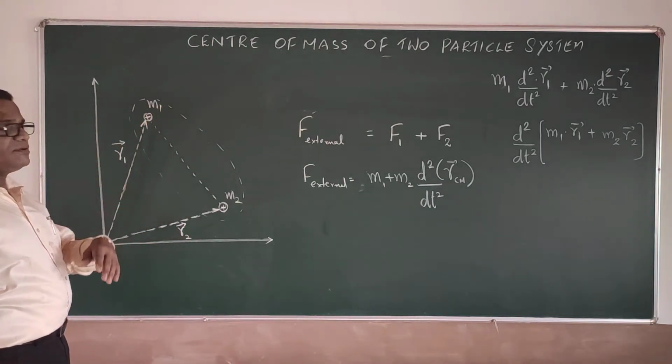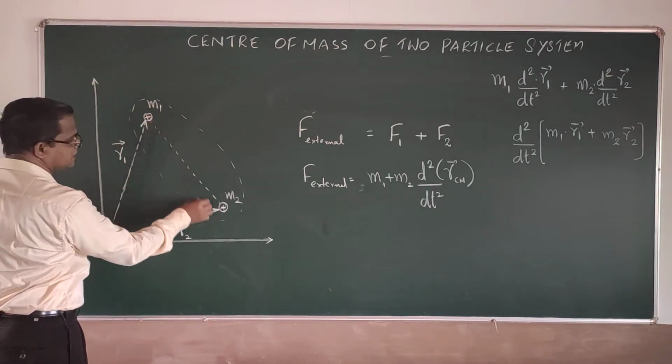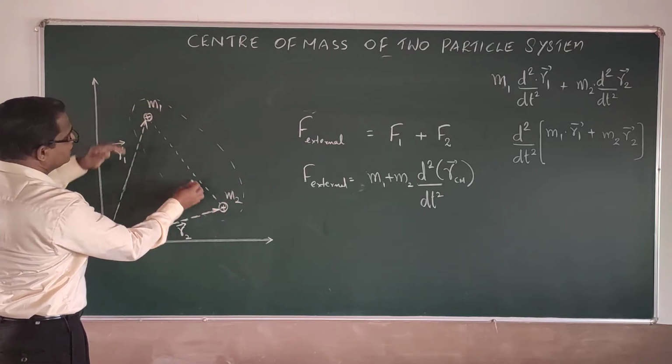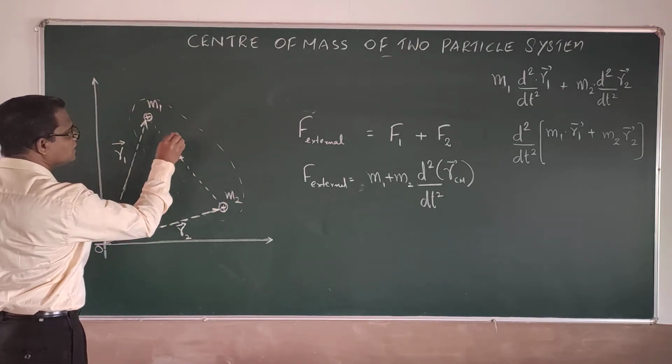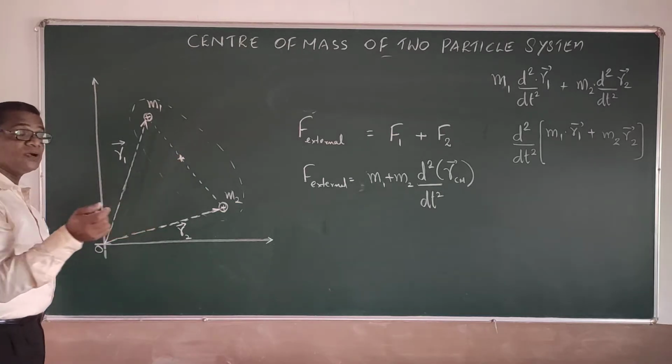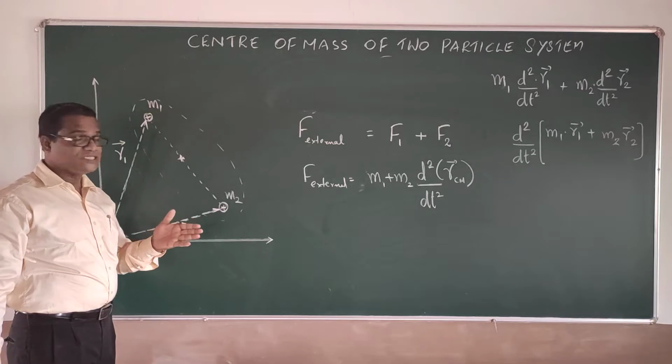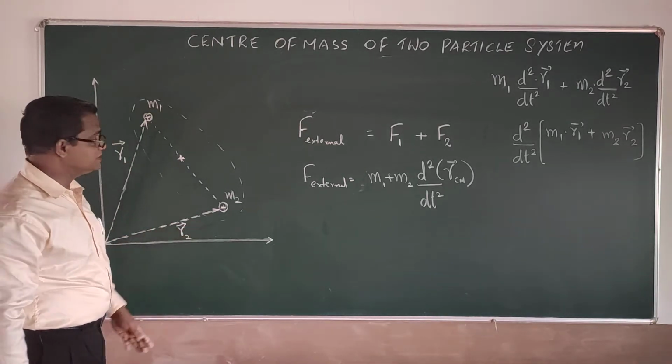So what is RCM? Let us say, as we consider m1 and m2 connected as a single system, its center of mass will be falling somewhere on the line joining the two. I don't know where it is, but on the line joining the two masses.